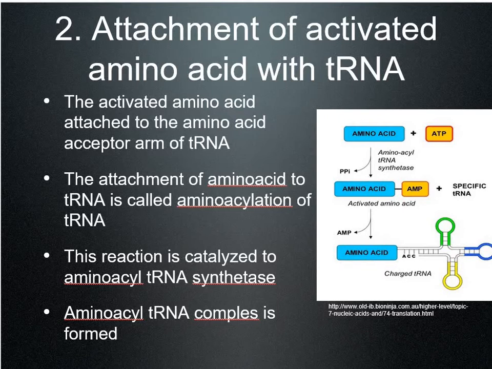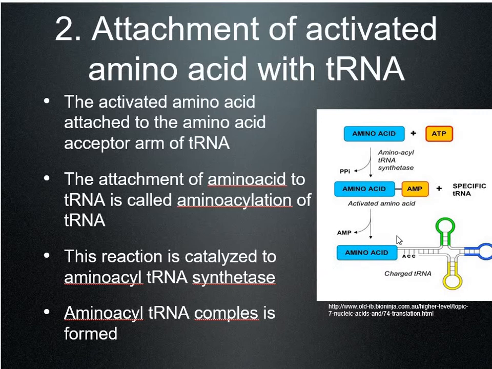So once the specificity is there, an activated amino acid binds to the acceptor arm of tRNA. And this is the acceptor arm. When an activated amino acid binds to tRNA, it is called amino acylation of tRNA.